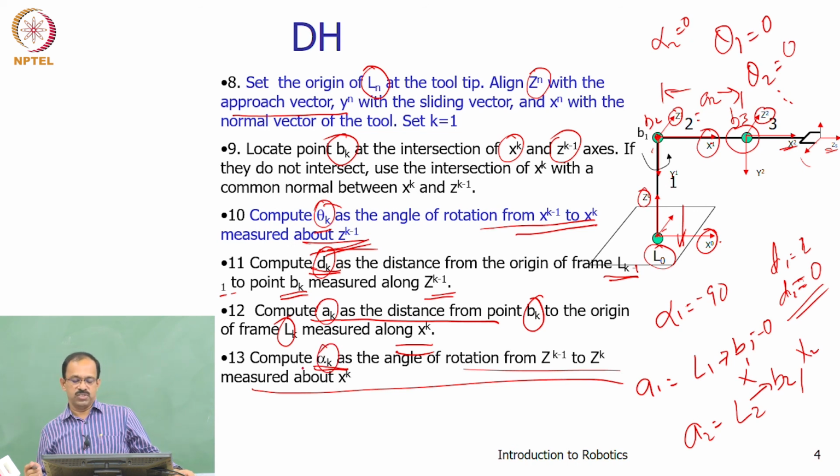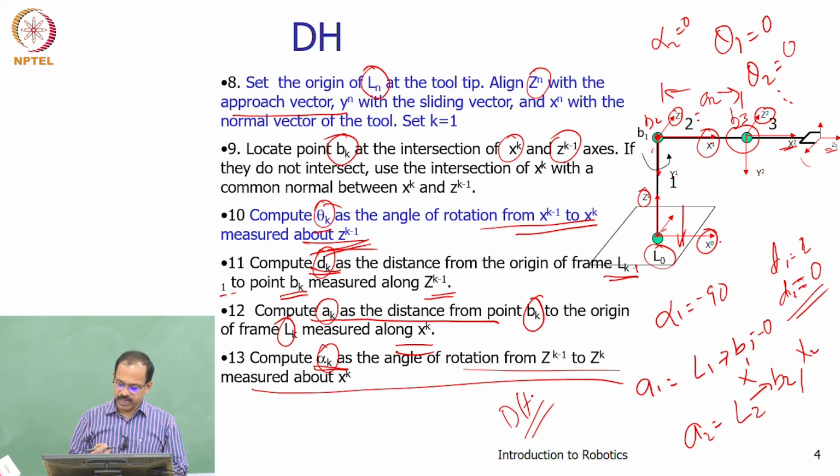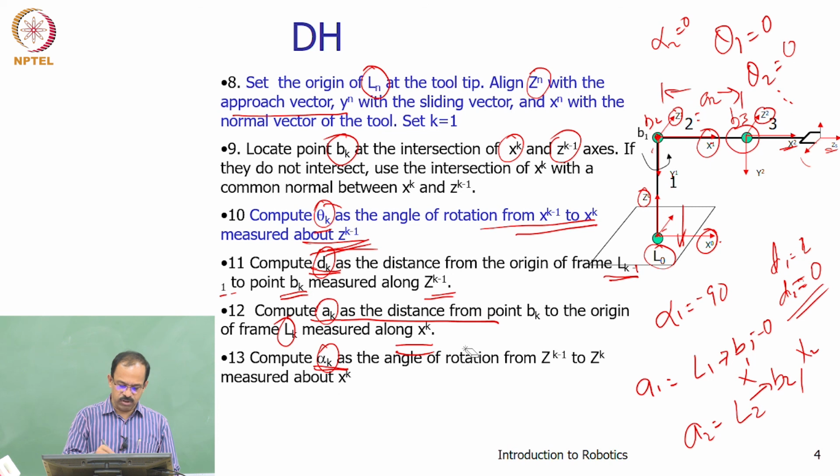If you have 6 joints, 6 axes, each k is equal to 1 to 6, you will be able to get all these 4 parameters. Finally, you will be able to create a DH parameter matrix of that particular robot. So for a given robot configuration, you will be able to get these DH parameters using the DH algorithm we discussed.